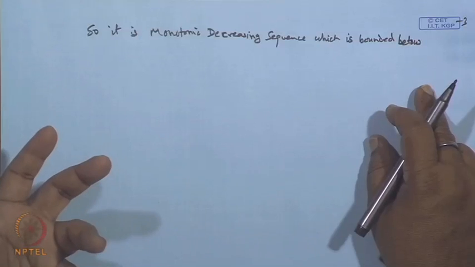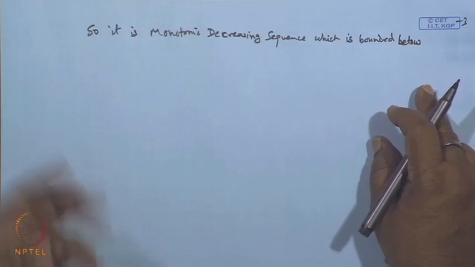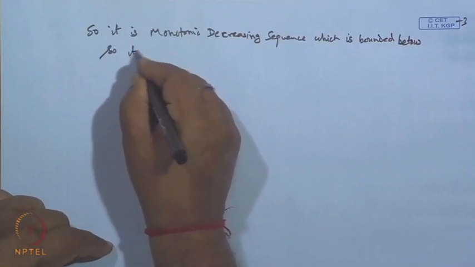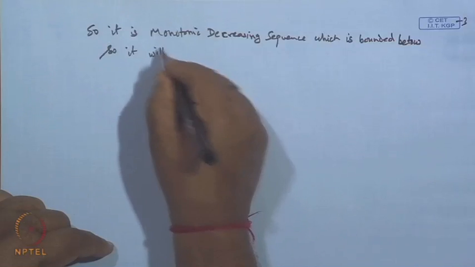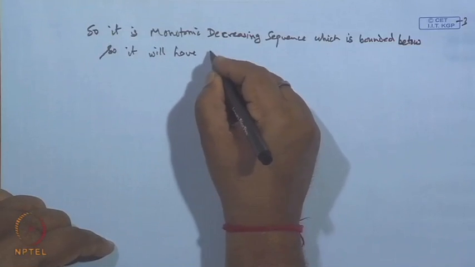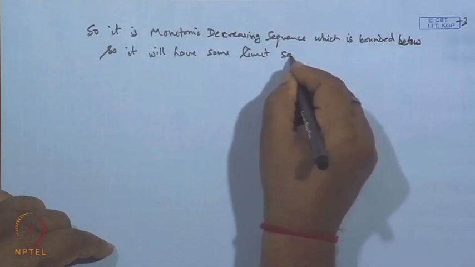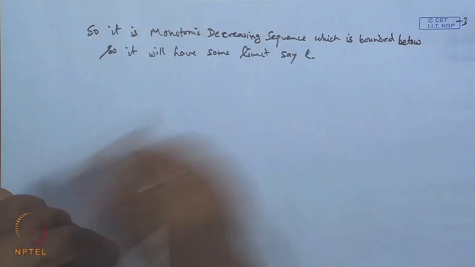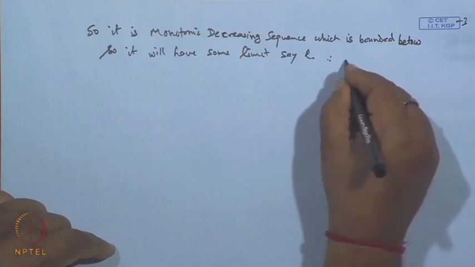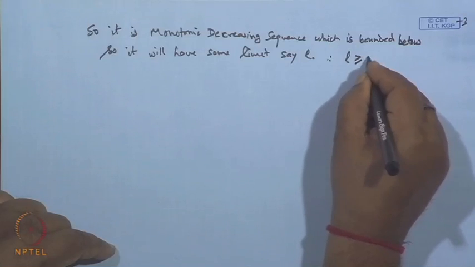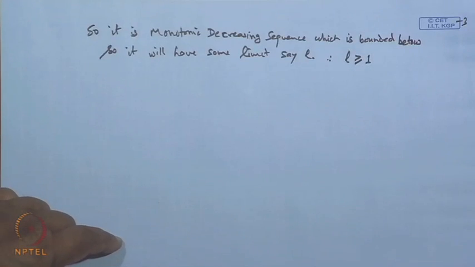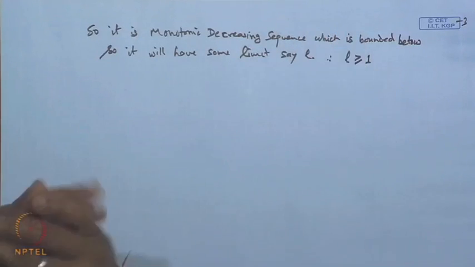So, it must have some limit, because every bounded monotonic sequence has a limit. It will have some limit, say L, and this limit L will be either greater than 1 or equal to 1.